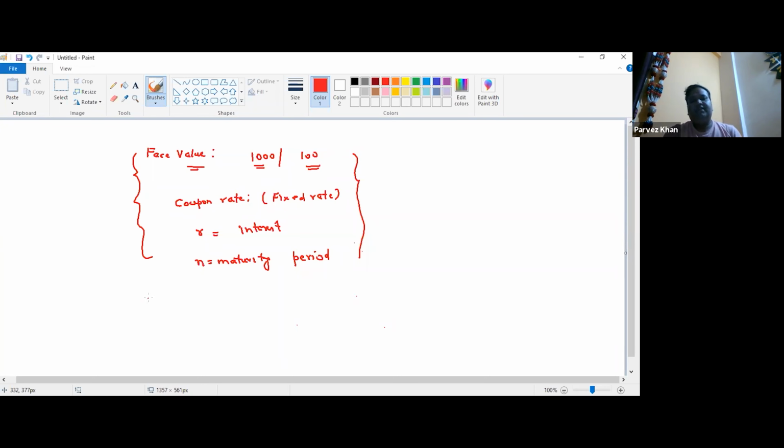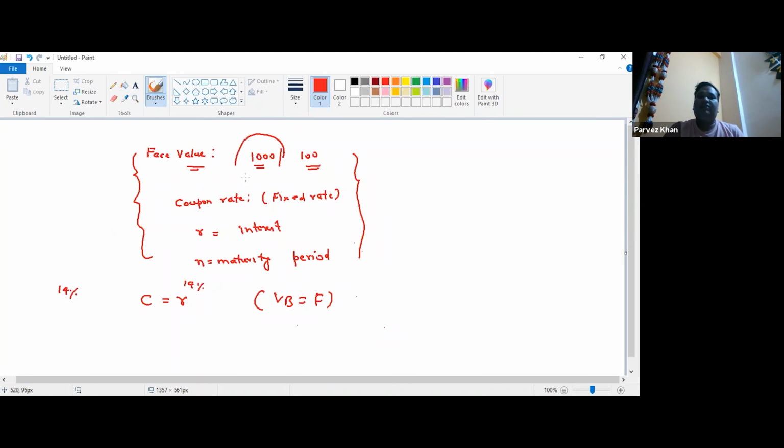Now, one more thing. If coupon rate and rate of interest or discount rate are both the same, the value of the bond and face value will remain the same. Suppose coupon interest is 14% and rate R is also 14%.